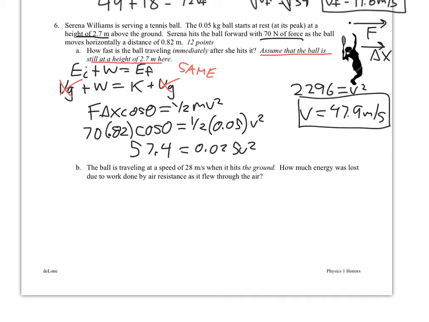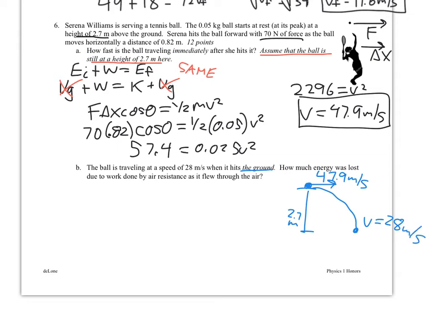For the second part here, we're now considering the ball when it hits the ground. So we're thinking about this ball that's already moving here at a speed of 47.9 meters per second at a height of 2.7 meters, and it's going to fall down to the ground, and we know when it hits the ground, it's traveling at a speed of 28 meters per second.